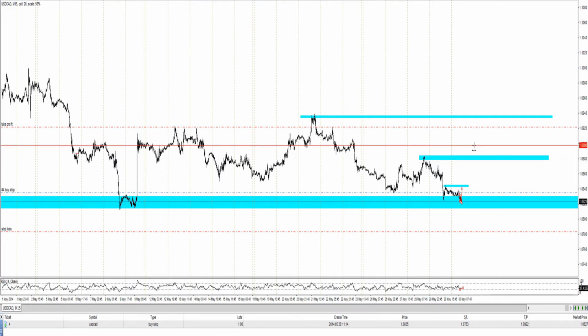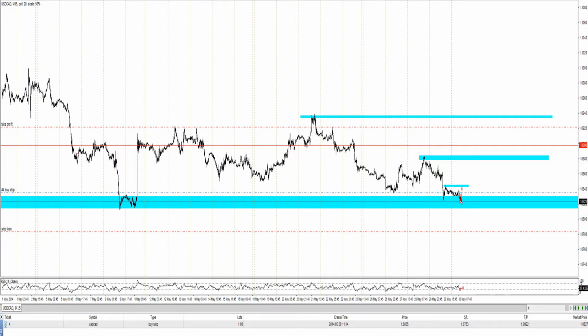It's somewhere in that area where I would take my first profits, and only then consider any trailing or modification of the stop loss. So just to recap quickly, my trade is in this area, but my stop loss is based on a previous structure.